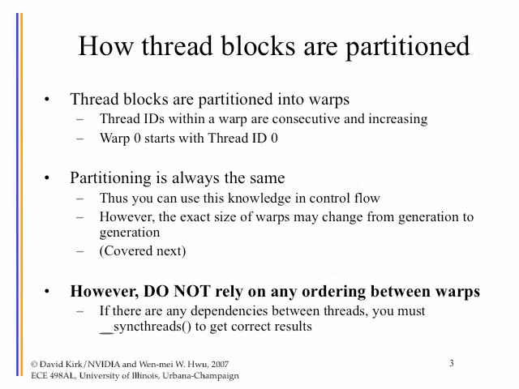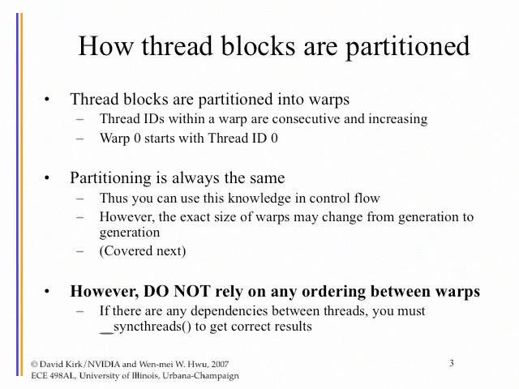Warp 0 always starts with thread ID 0. That's also a property that you can always depend on. Okay, that will be kept through the generations. The partitioning will be the same. That is, you will always have consecutive chunks. Okay, but the size of the consecutive chunks could change.